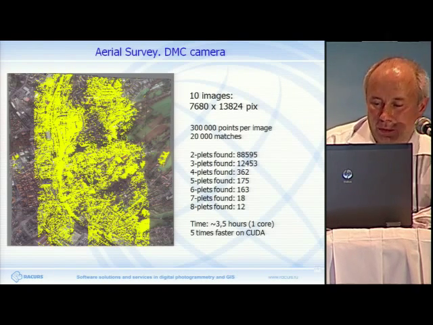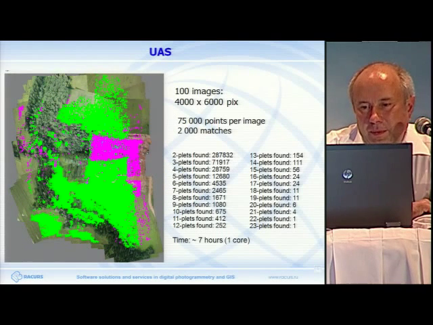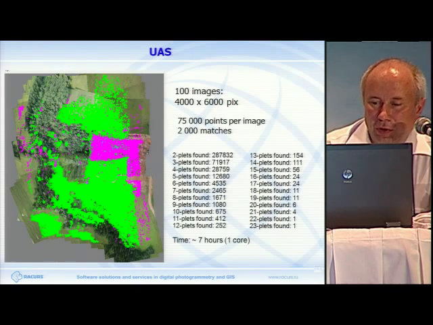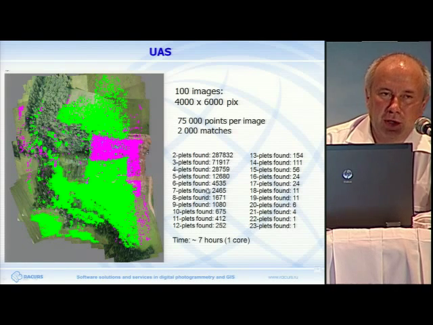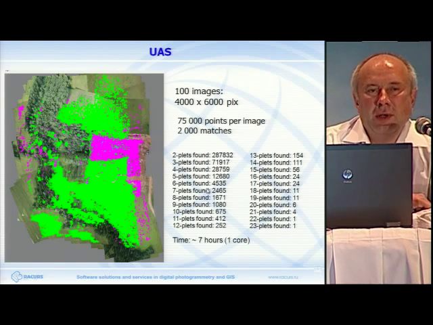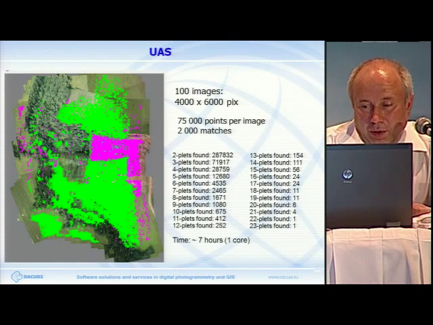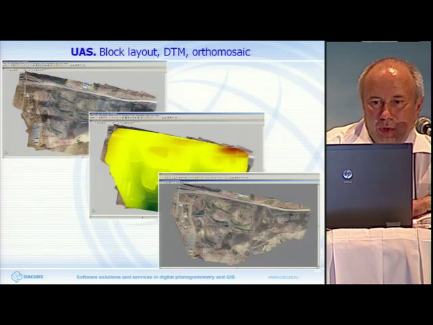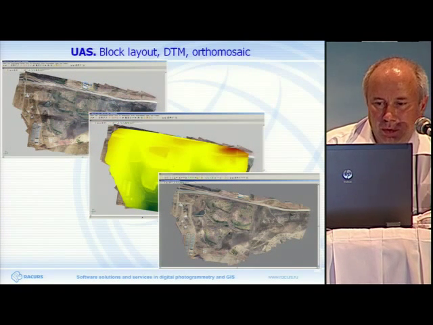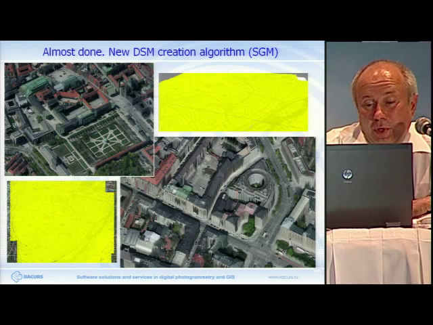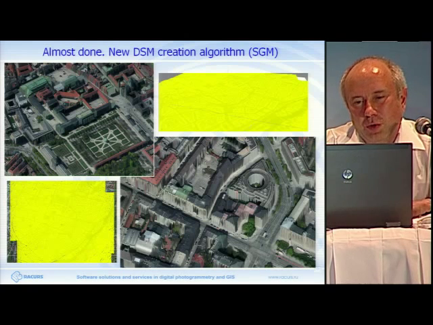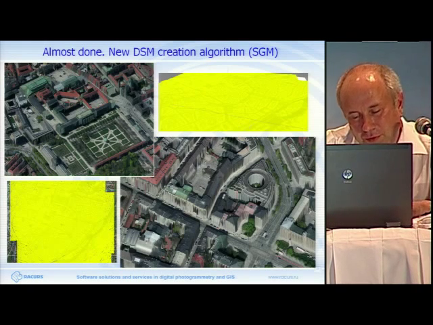You could also use triplets, duplets, depending on how many images you have in the overlap. This is a good example for UAS. You can see there's a multiple number of overlapping images. So then you measure the points by filtering. This is another example of a UAS block. We use block layout. And this is an example of what we talked about already.